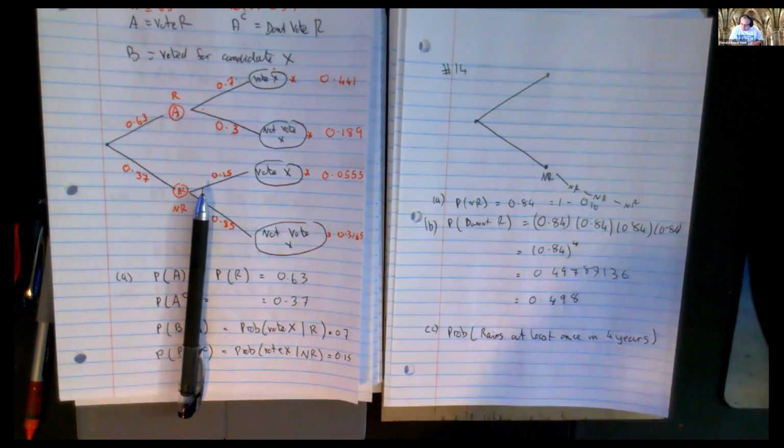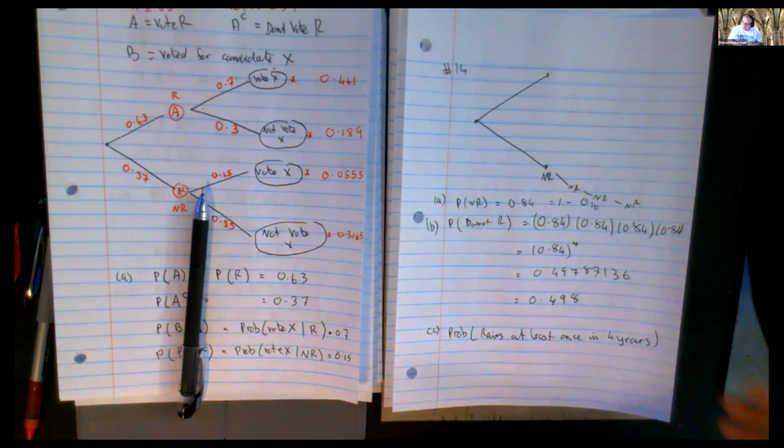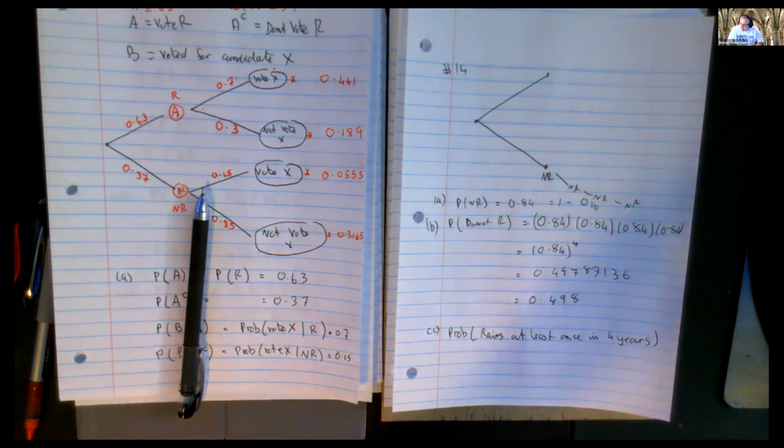But if you multiply those 4 together, all you're calculating is one of the possibilities. You're finding that it rained all 4 years. But couldn't it rain just 3 of the 4 years? Or 2 of the 4 years? Or 1 of those 4 years? And it could be the second year that it rained or the last year. If you try to write it down that way, you'll be here till Christmas.